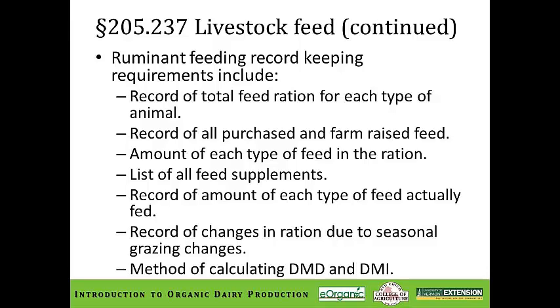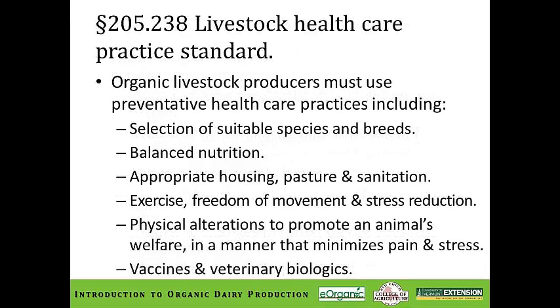There's a significant amount of more information in section 237 on feed that you should look at more closely, but we're now going to move into section 205-238 on livestock health care. This section requires that organic livestock producers have a preventative health care plan, and that the practices in that plan can include selection of suitable species and breeds, balanced nutrition, appropriate housing, pasture and sanitation, exercise.